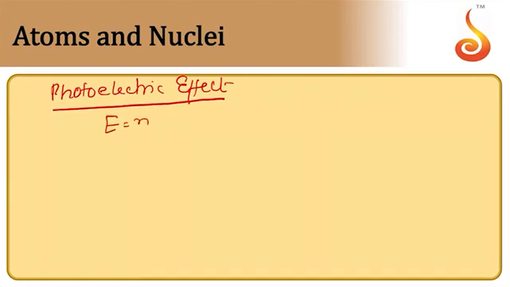So this can be written as n times h nu, right? Or each energy quantum, each packet, each photon corresponds to an energy h nu. And h is Planck's constant, having a value 6.6 into 10 to the power of minus 34 joule second.